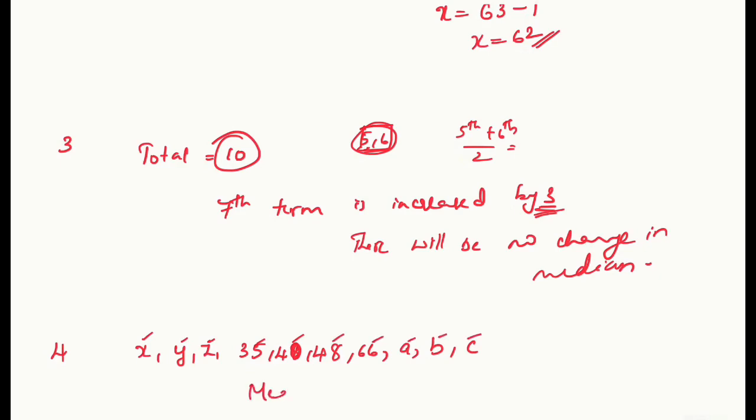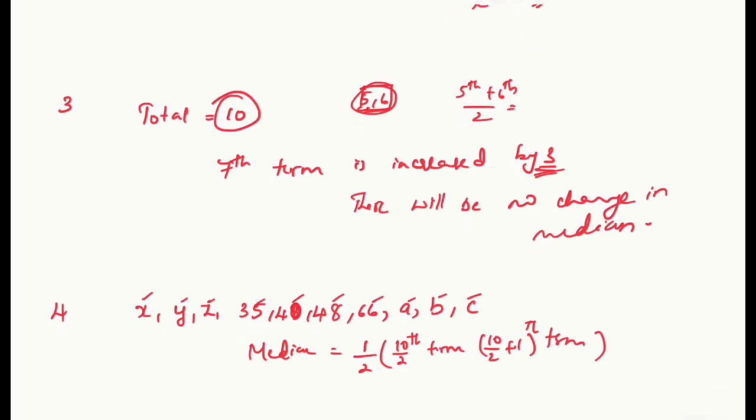So what will be the median? Median will be half of the 10 by 2 term plus the 10 by 2 plus 1th term, that is half of the 5th term plus the 6th term.